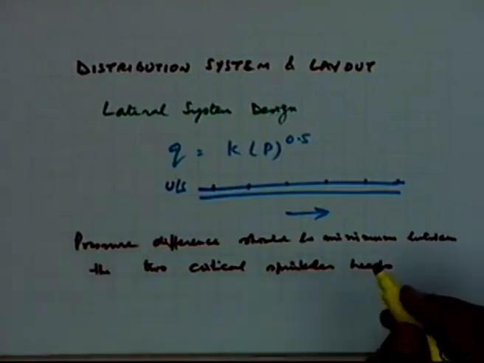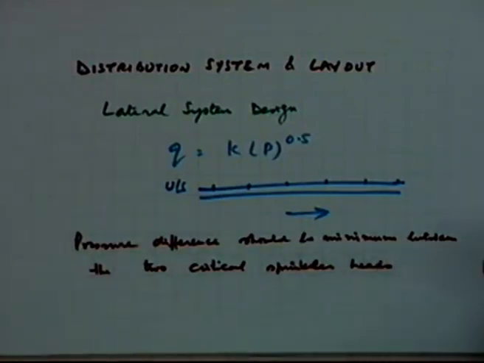Now, why am I saying two critical sprinkler heads instead of the first and the last one? Because in normal conditions it will be the first and the last one which will be having the maximum and the minimum pressure.